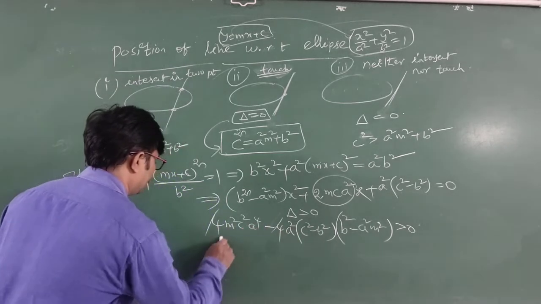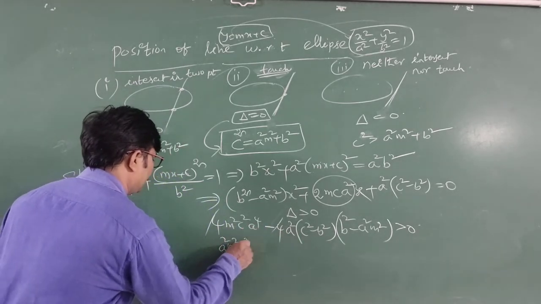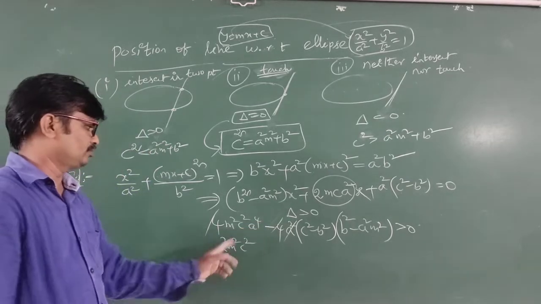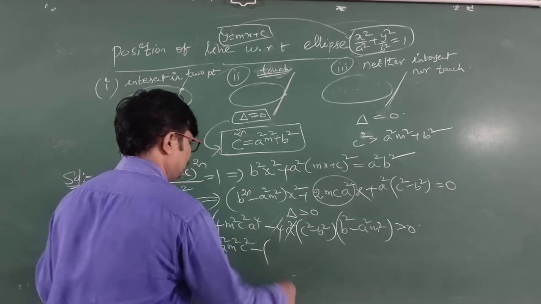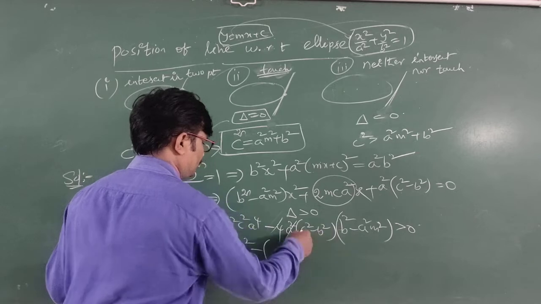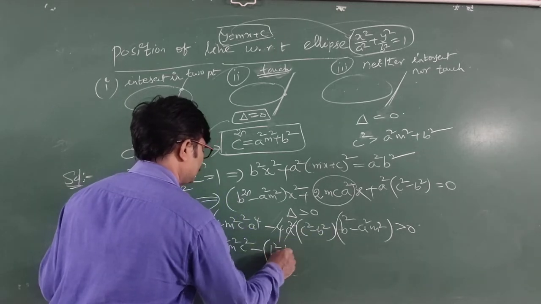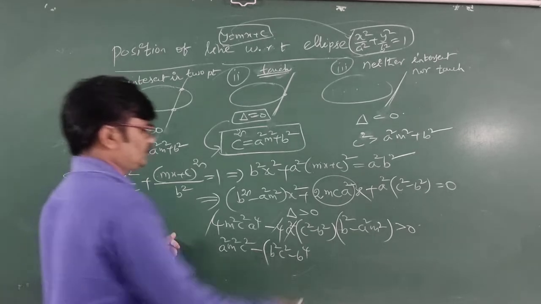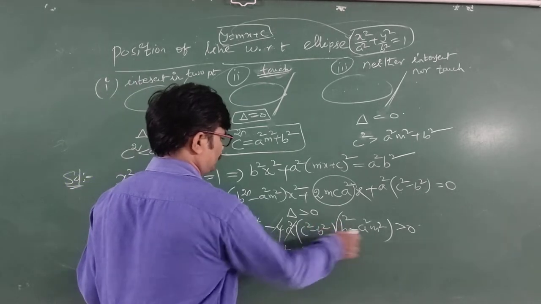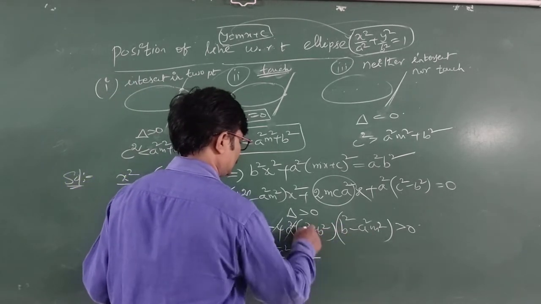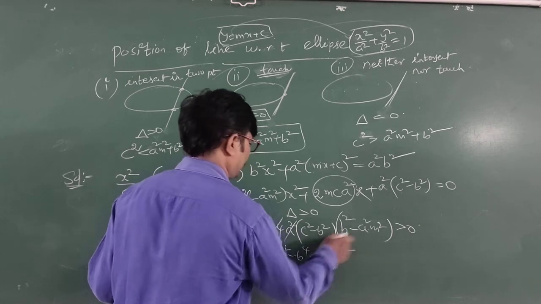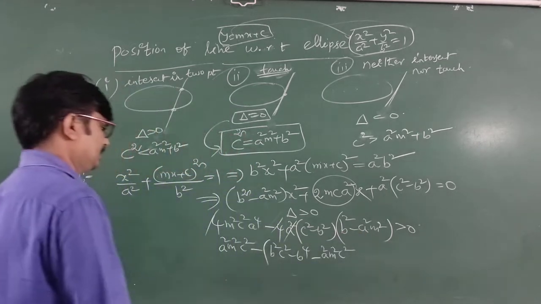What is there is a²m²c². We have to multiply with b²c² minus b⁴, so we multiply with b², and after that minus a²m²c².